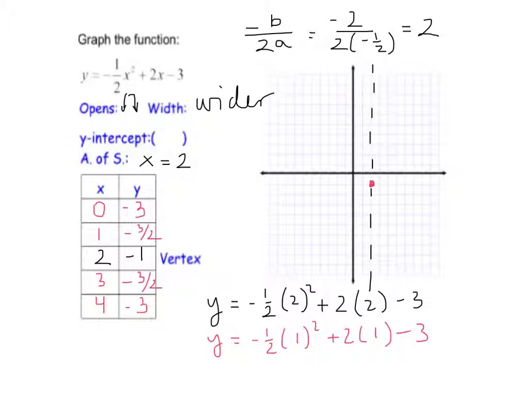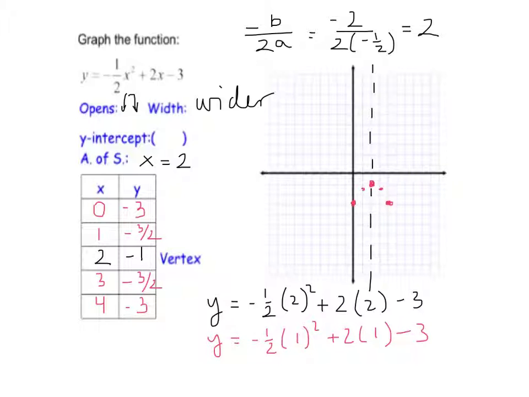So I'm going to graph these. At 0 we have negative 3, and at 4 we have negative 3, and at 1 we have negative 1.5, and at 3 we have negative 1.5.